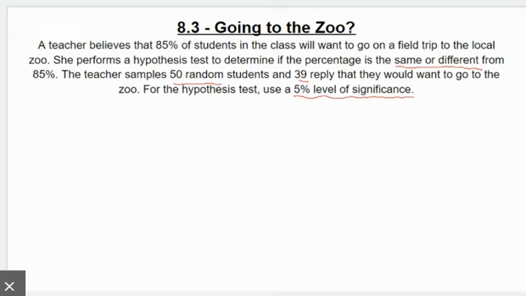All right, let's now jump into the hypothesis test. I'm getting a little bit of lag on my computer here. There we go. We start off with state. It's in your notes, but the first thing we are going to state is our parameter.